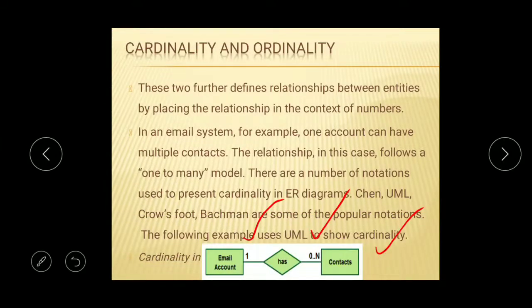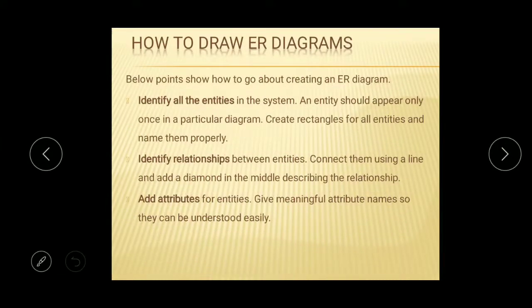Now again, if we come back to our slides, we'll see how to draw ER diagrams, and this is very, very important. Now these points will show how to create an ER diagram. First of all, identify all the entities in the system. An entity should appear only once in a particular diagram.